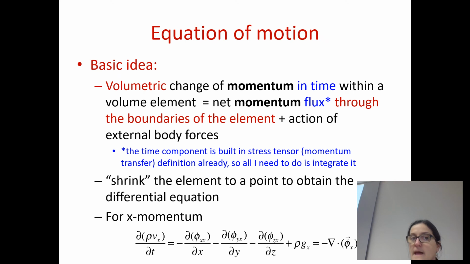All right, now we're going to do pretty much a similar thing. We're just going to look at the volumetric change of momentum. And now that we're not looking at mass or density anymore, which are scalar fields, essentially you have to now move into vectors, and vectors we have to consider component by component. So my volumetric change of momentum in time within the same volume element is the net momentum flux going through the boundary of the element.